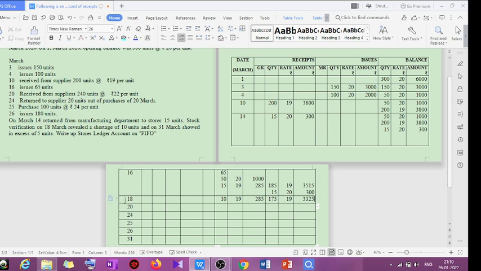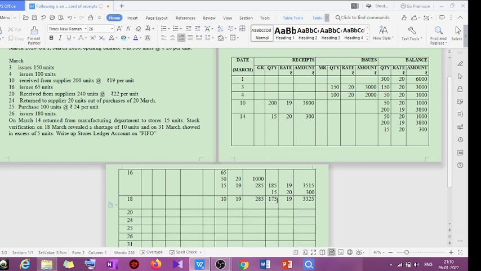I made some mistake here. On 18th March it revealed a shortage of 10 units. I have written 15 here, so make the change, that is 10 units. So remaining is 175. And one more slot, 15. Here it is 20. Here it will be 300. I hope it is clear to you, students. If you have any doubts, please let me know.